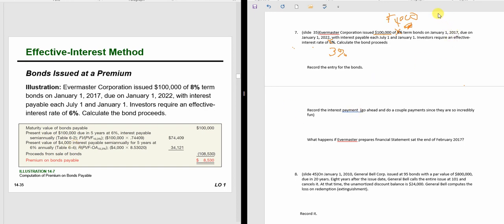Same thing. I'm getting my $100,000 at the end. And I'm also getting $4,000 each period for the next 10 periods, 5 years. But now I'm going to bring it back times the annuity.